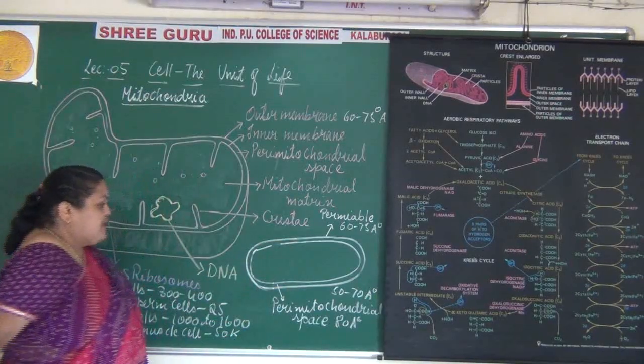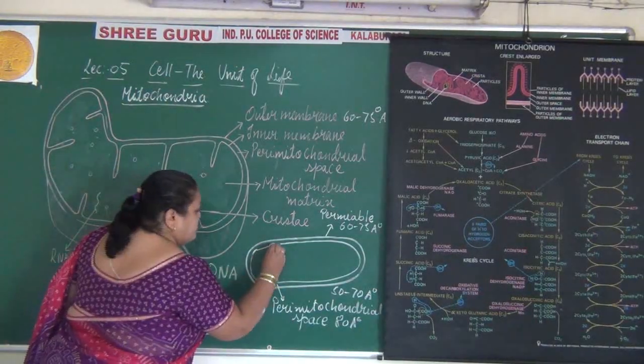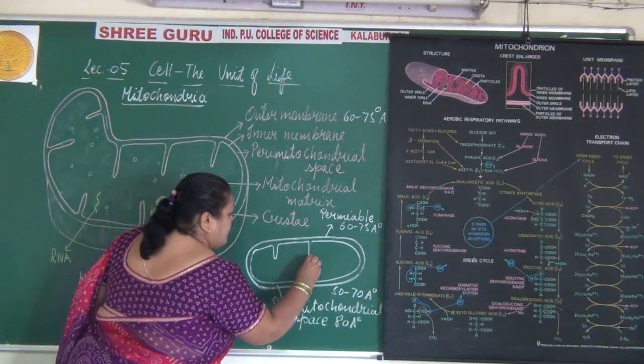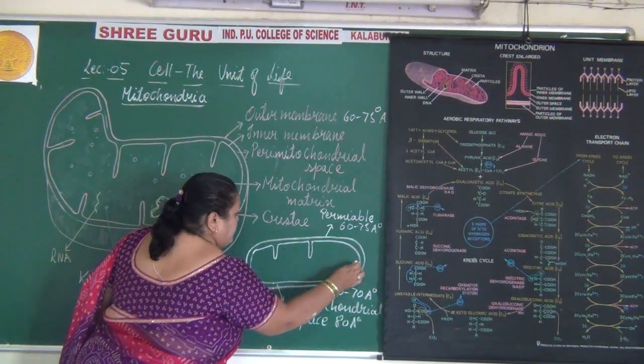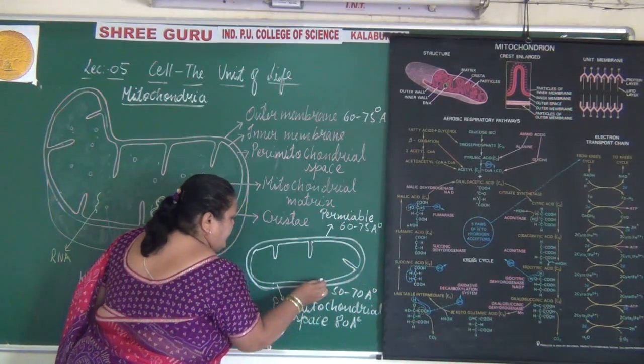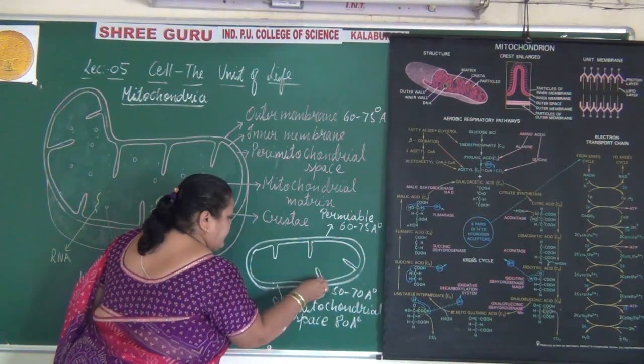The inner membrane has inner foldings, like finger-like projections, which increase the surface area.